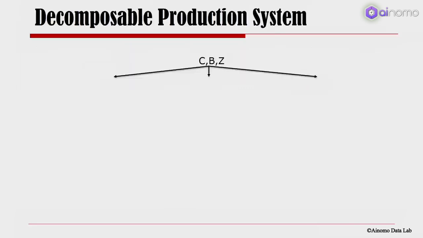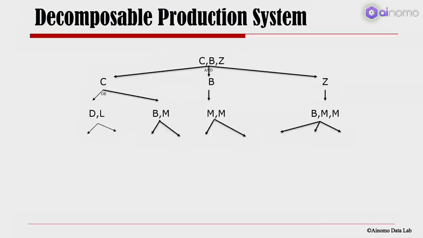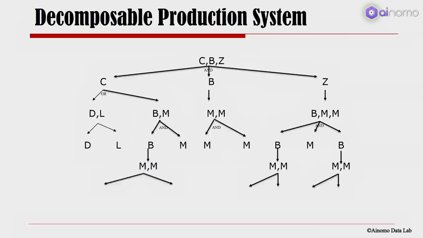So decomposable production systems, if you see, these nodes that I have marked now as AND here are important because all of the component databases need to be moved to termination. So that's the AND node here, that is the AND node, this is the AND node, both of them need to be moved to termination.